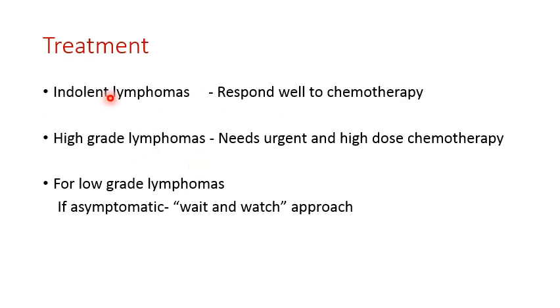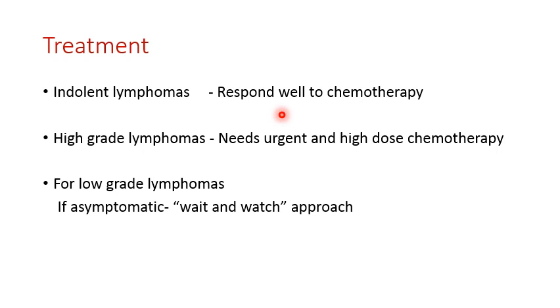Now treatment. The basic thing about treatment is that indolent lymphomas generally respond well to chemotherapy, but the cure rate is less, right? It's difficult to cure with chemotherapy, but they respond well.